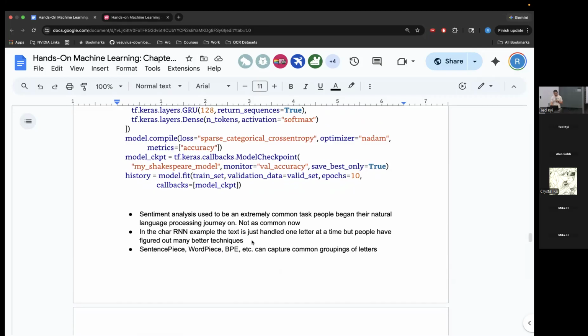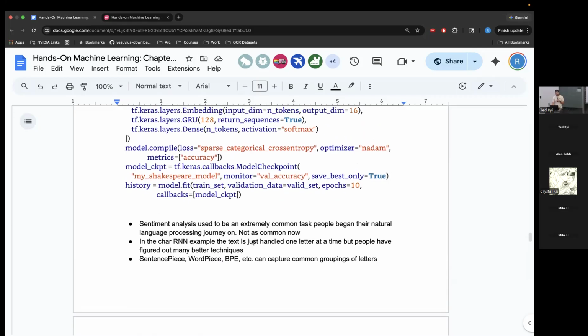And then the next example that they were showing was sentiment analysis. It was a very, very common task that everyone kind of started their NLP journey with. With that, you have reviews from IMDb or Yelp or something. You read the text of the review, and then you just classify: was this positive, was this negative?